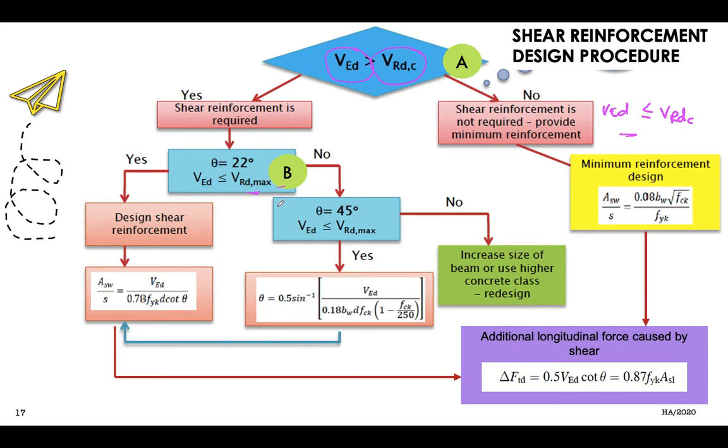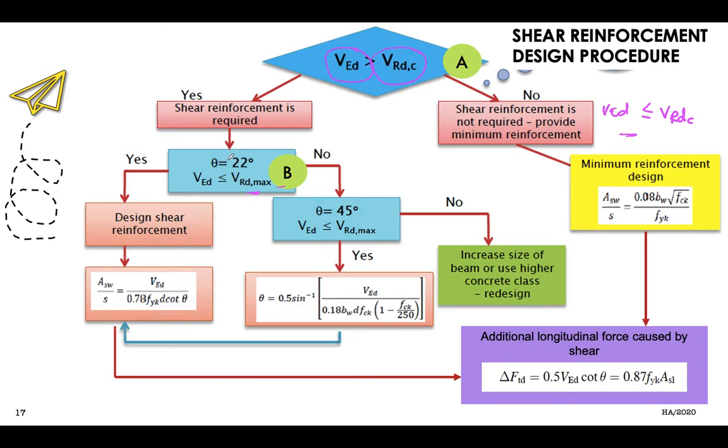This VRD max uses the equation we used previously with the value of cotangent theta. The first theta value we use here is 22 degrees. We start with 22 degrees first, and only proceed with 45 degrees if required. So we calculate VRD max using the theta value of 22 degrees.